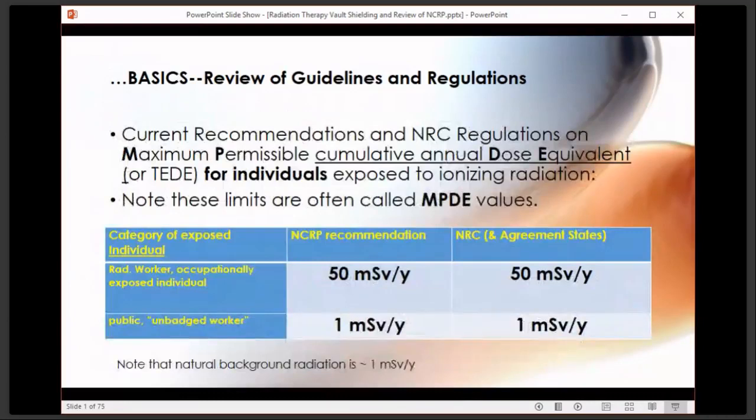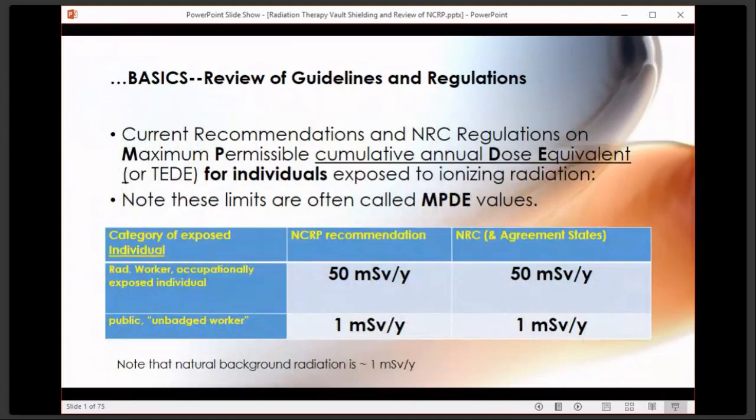The current recommendations and NRC regulations on the maximum permissible cumulative annual dose equivalent for individuals exposed to ionizing radiation are summarized in this table. And these are often referred to as maximum permissible dose equivalents, or MPDEs.